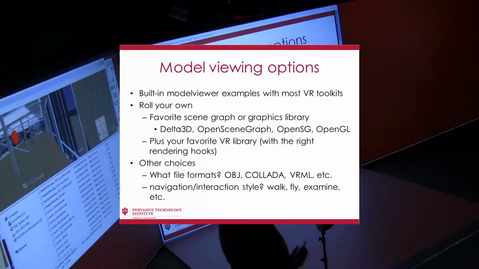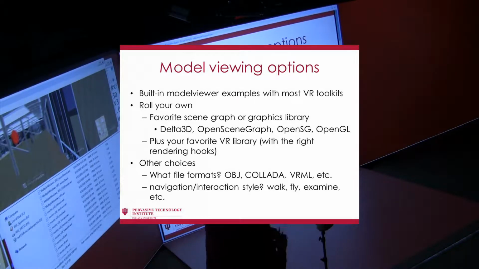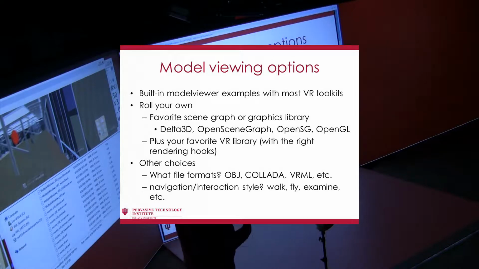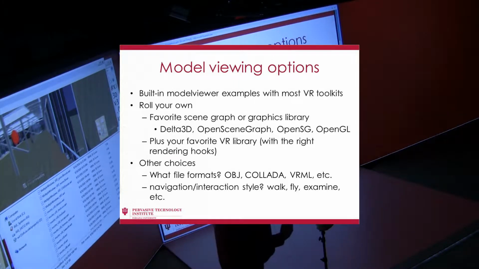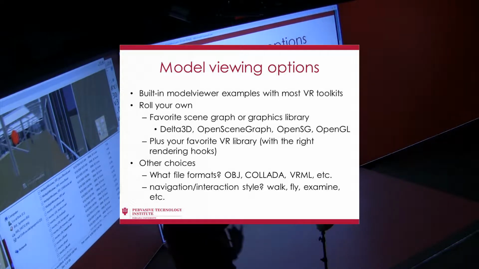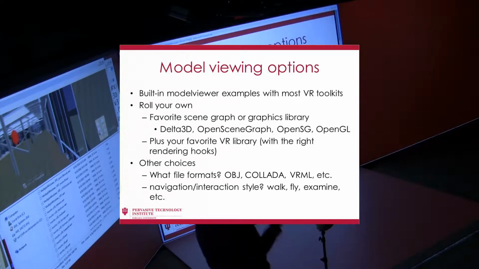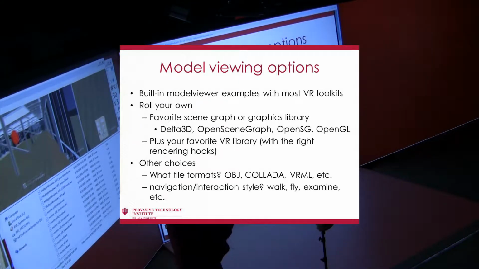Cal VR has one that is based on Open Scene Graph as well. So it's often built into whatever library you're using. You can roll your own, pick your favorite scene graph, and pair that with your favorite VR library. The VR library, as most of you know, has to have some kind of hooks into that particular scene graph so the two can negotiate the rendering right away.